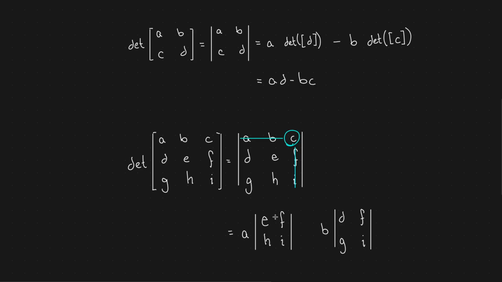So you're going to take C and you're going to multiply it by the determinant of what's left over after you cancel the row and column. So I get C times the determinant of D, E, G, H. And then you alternate signs. So plus, minus, plus. Okay?